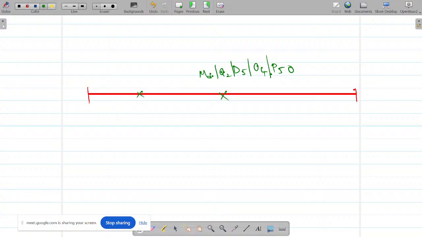Yes, join with me. Q1 or D2. Actually, not D2, D2.5, because from the 10, if you divide by 4, we'll get 2.5. So D2.5, O2, P25. This one. Quartile 3, D7.5.